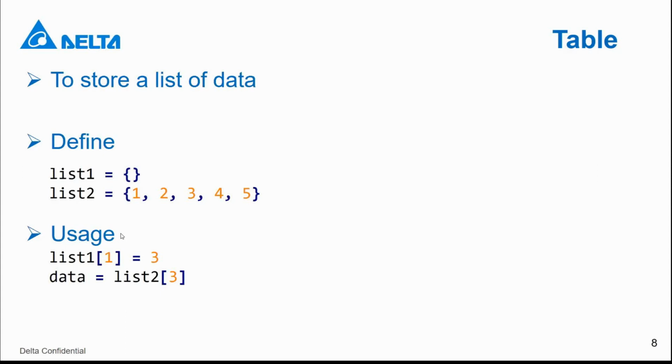That means in list 1, the value at index 1 will be the number 3. And if you are going to read, it's the same: you use the table name and then brackets with the index inside. So this index is 3. In list 2, index 3 is the number 3. Then the data will become the number 3 from the list. So this is a table.